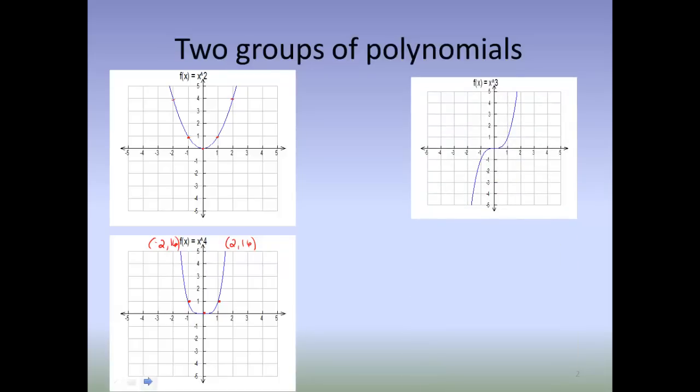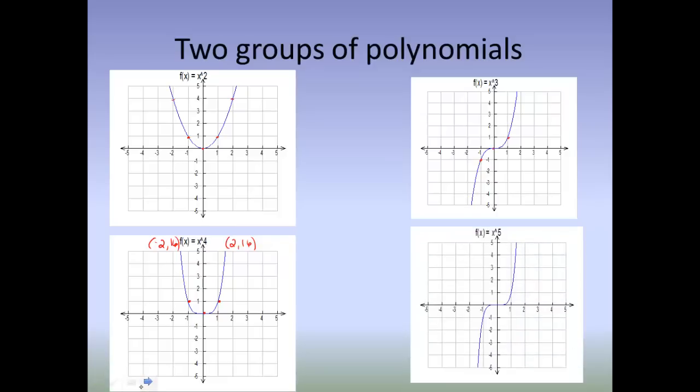Another one that we talked about first semester was x cubed. It also has some good ordered pairs, (0, 0), (1, 1), (-1, -1), because this odd power gives me an odd result. Here is x to the fifth, and it has a very similar shape.